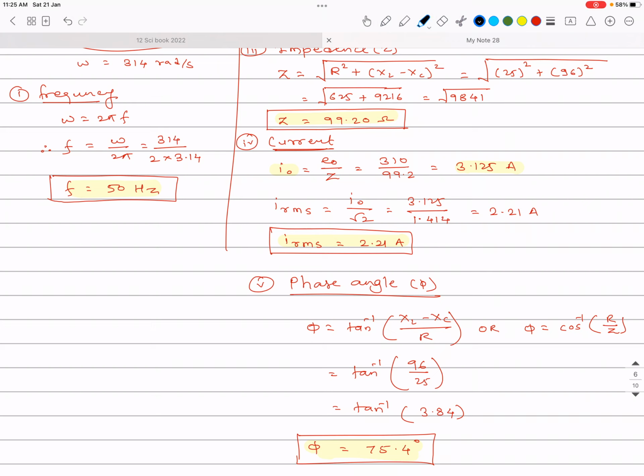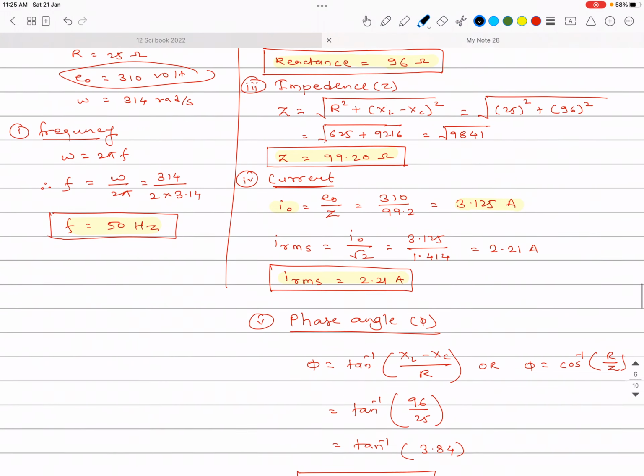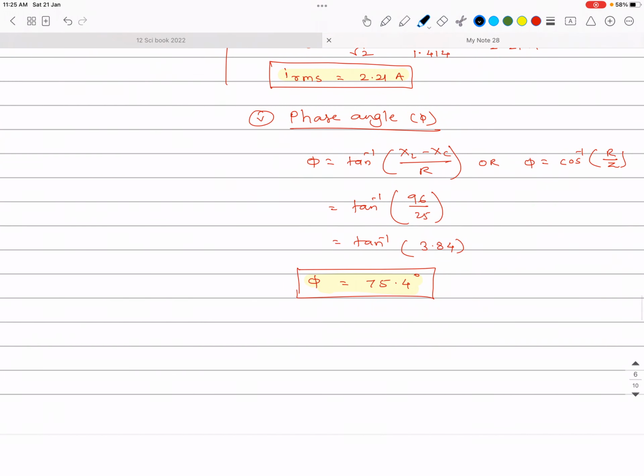So if you want to write instantaneous value of this, here they given EMF. Now instantaneous current also we can write. So we write down instantaneous current. Instantaneous current we can write I is equal to I0 sine of omega t plus or minus phi.